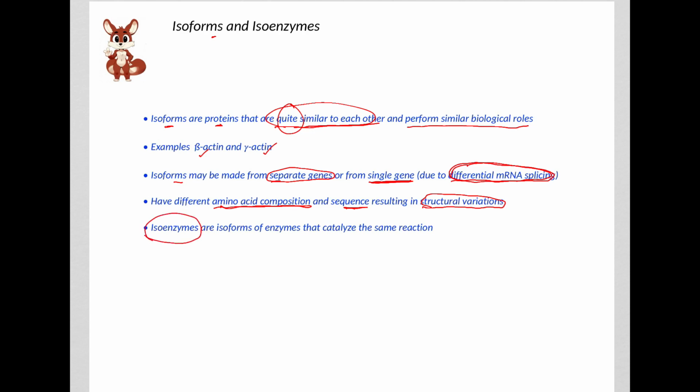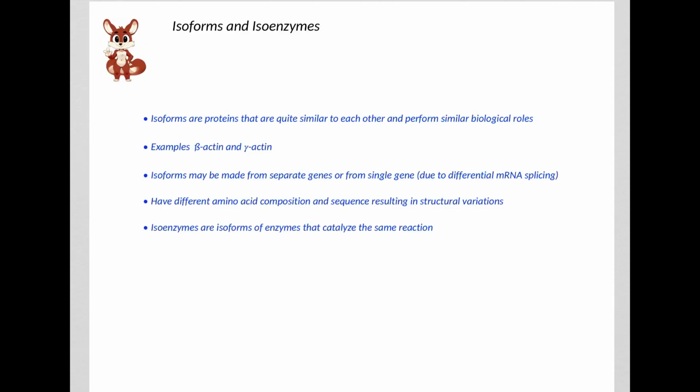Isoenzymes are simply isoforms of enzymes. They catalyze the same reaction, but they have slightly different sequences and structures. Let's look at some examples of isoenzymes.